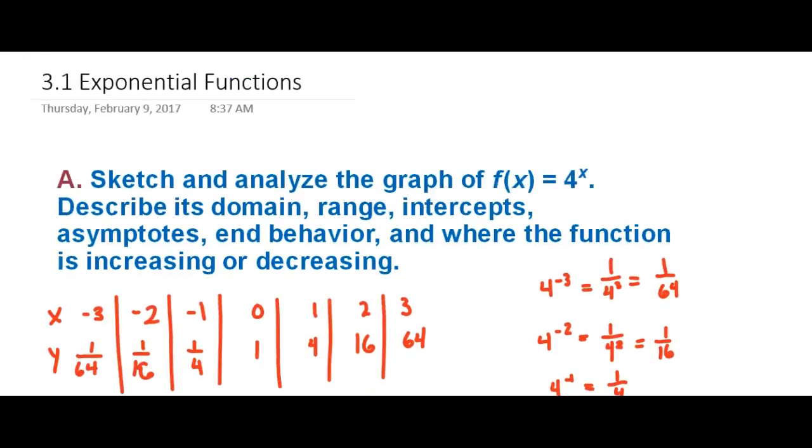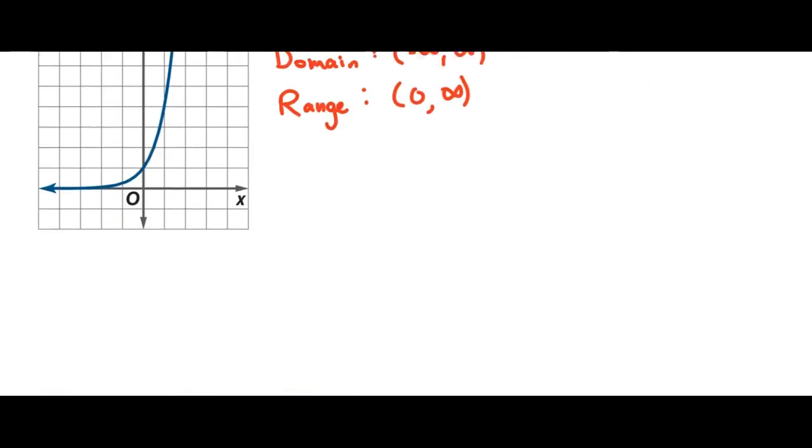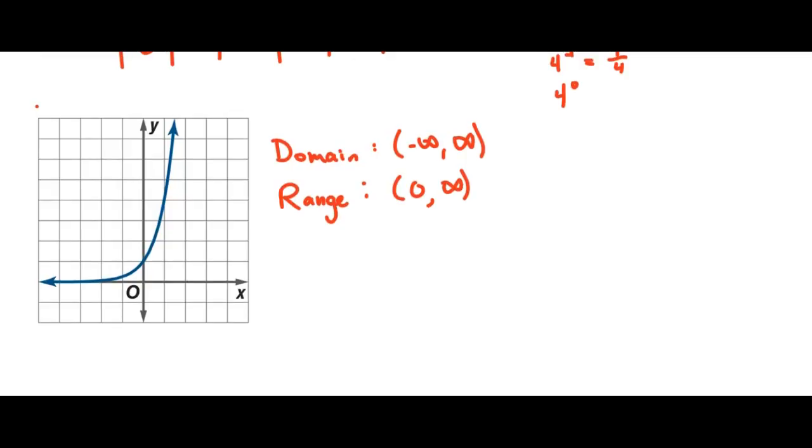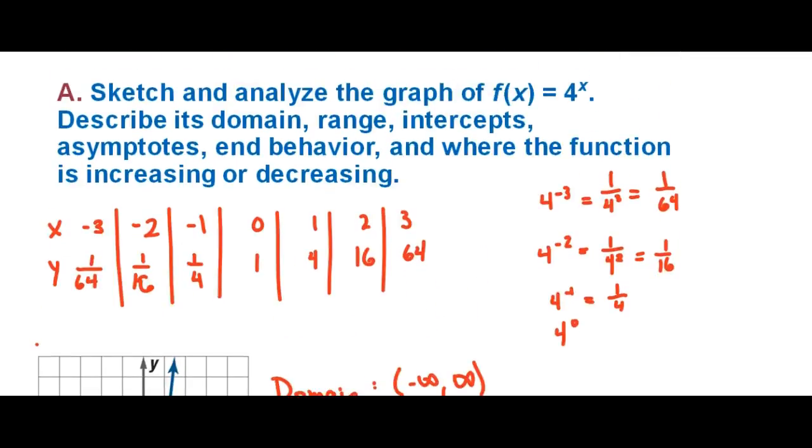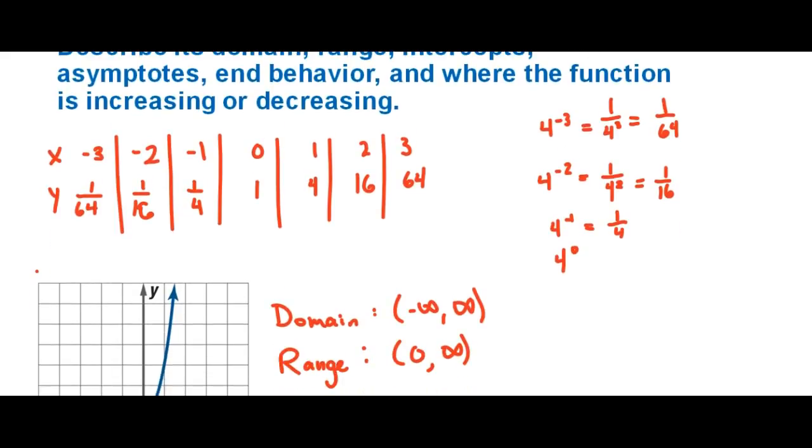Looking at the intercepts and the asymptotes, well, the intercept where it crosses the x-axis, it appears that it never does, because you're never going to reach 0. You're just going to get bigger and bigger denominators, which gives you smaller numbers, but never reaching 0 as far as the x-axis.